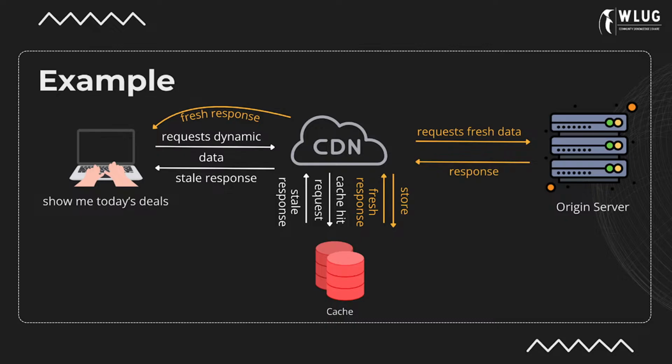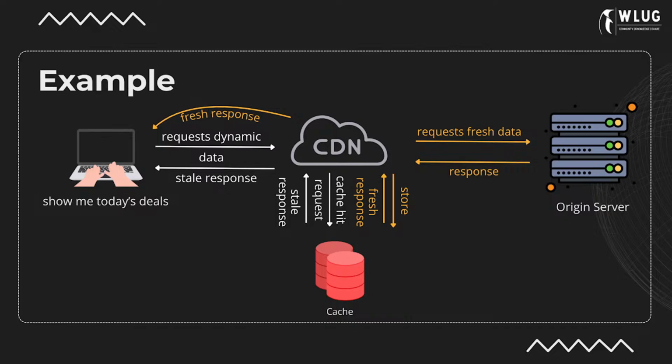So here we can see a sample flow. You've opened Instagram on your laptop and you're searching for deals. So you request dynamic data from the CDN. The CDN checks the parameters, creates the cache key, checks if the bucket exists. It found that the bucket existed, but the response was stale.